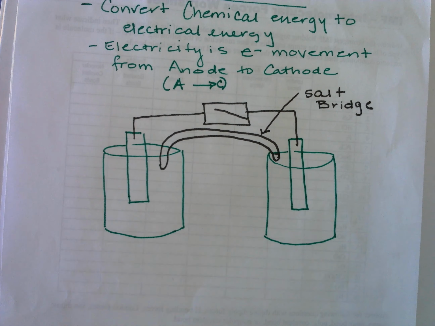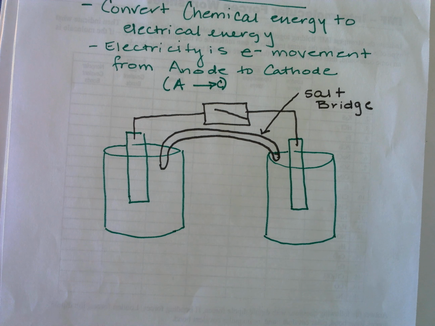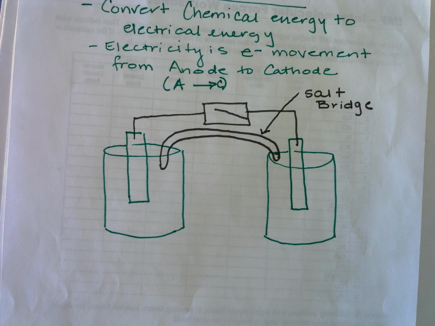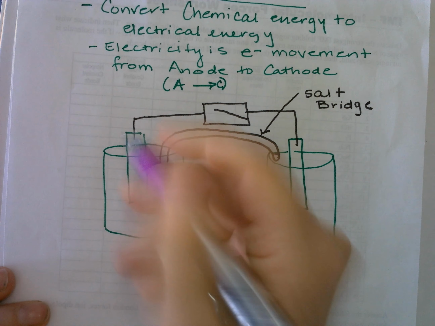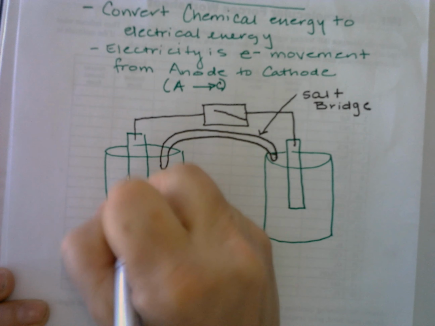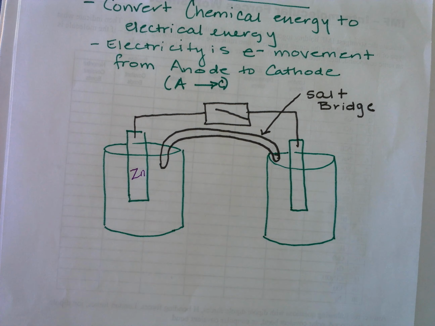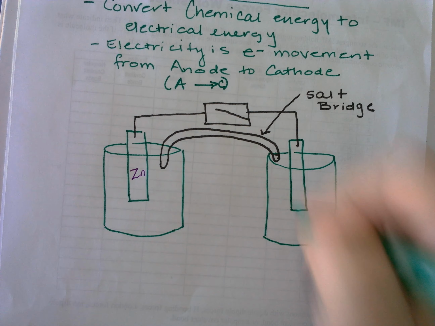Okay, now we need to give these electrodes some metal identification. We're going to make the left one zinc, and the right one copper.